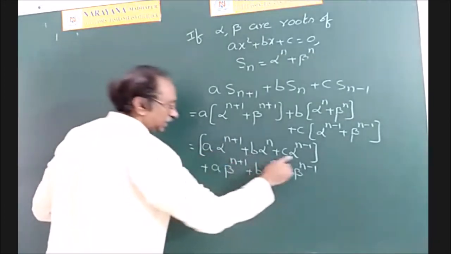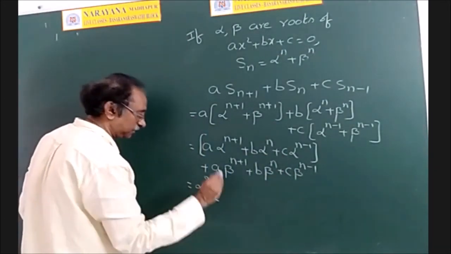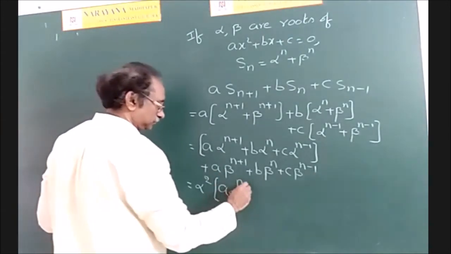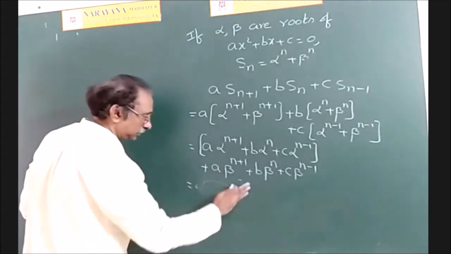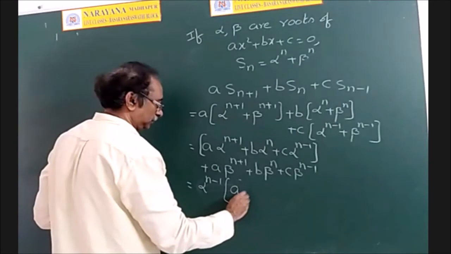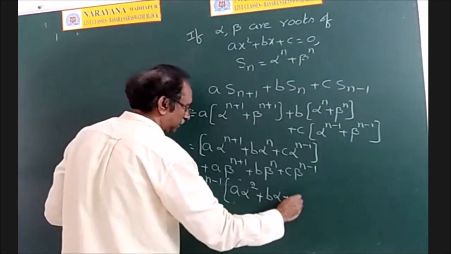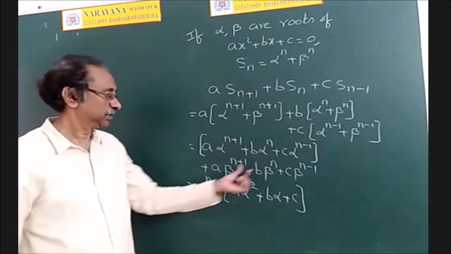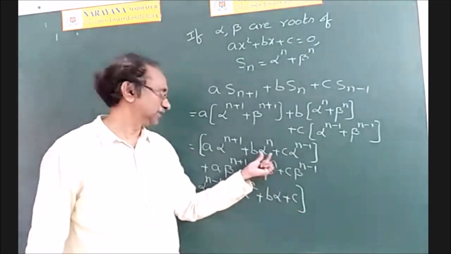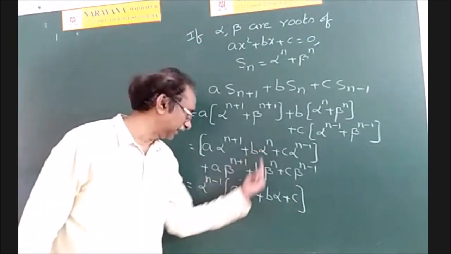See, from here, if I take alpha power n minus 1 common, you get a into alpha square plus b into alpha plus c. Observe, there is alpha power n minus 1 here, so you get only c. There is alpha power n here; I have taken alpha power n minus 1, so we get another alpha here.